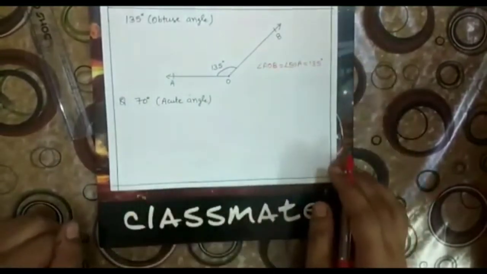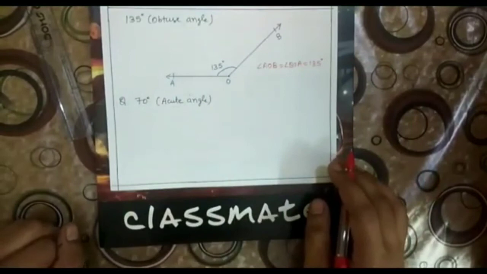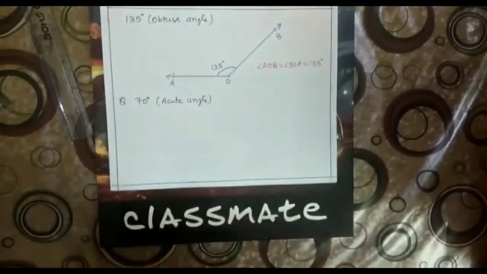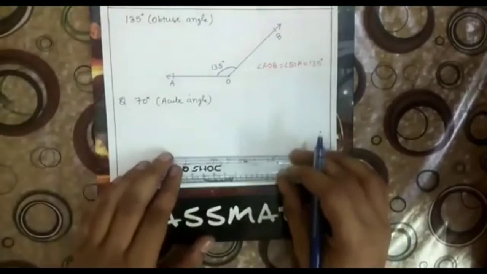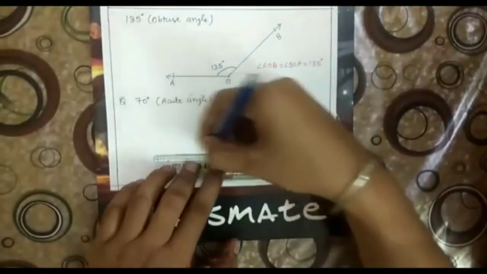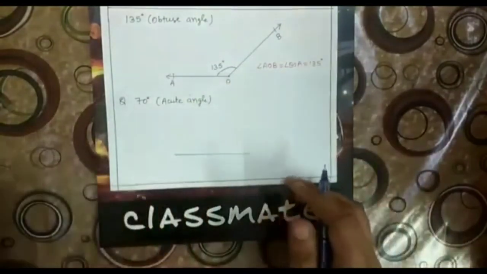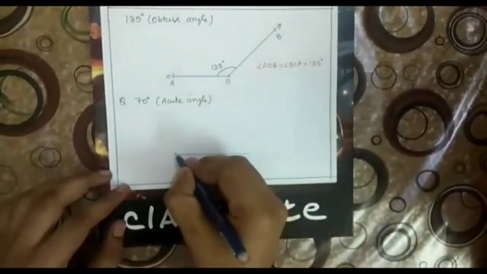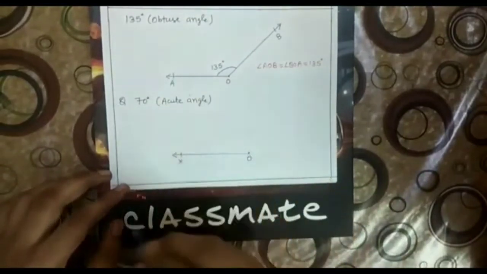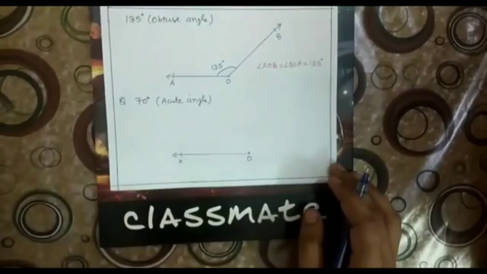Now the next question is 70 degree, which is an acute angle. Acute angle is less than 90 degree, greater than 0 degree, and according to our first note, acute angle always lies inside the baseline. So if we draw a baseline or base ray like this, arrowhead on the left hand side, this point on the right hand side, OX is your baseline.